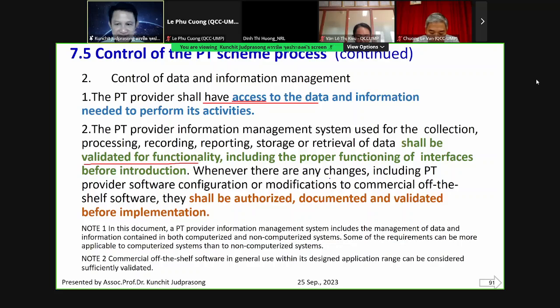Whenever there is any change, including PT provider software configuration, modification, or commercial off-the-shelf software, they shall be authorized, documented, and validated again. If you buy software and you modify something, you have to have who authorized it, and make it documented and validated before implementing it with your data.